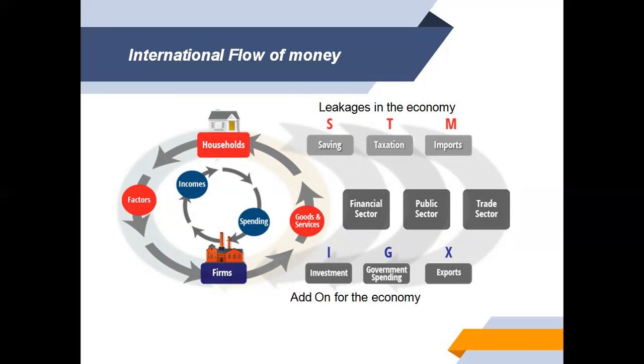On the other hand, if something is being exported, the money would come in, like anybody who's buying the product will pay for that commodity. So the money is coming into the economy, which again becomes part of this circular flow, hence it is an add-on for the economy. These add-ons are synonymous to the injections which we talked about in the initial slides.